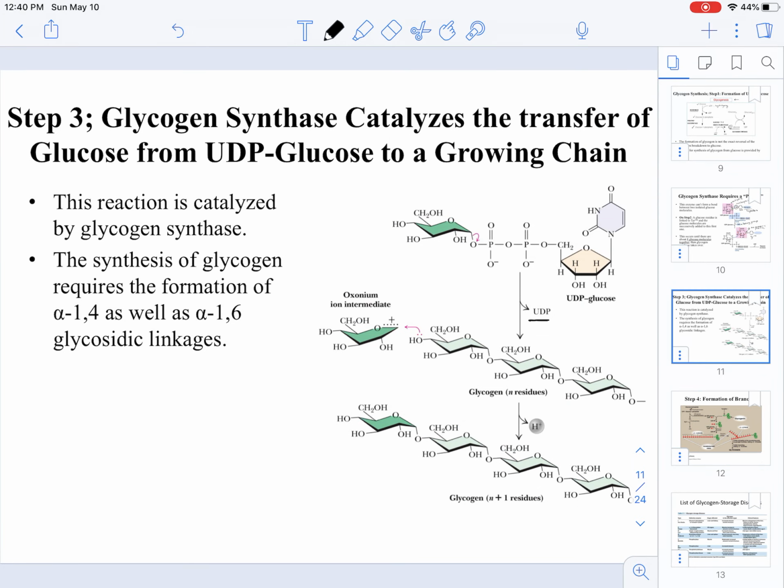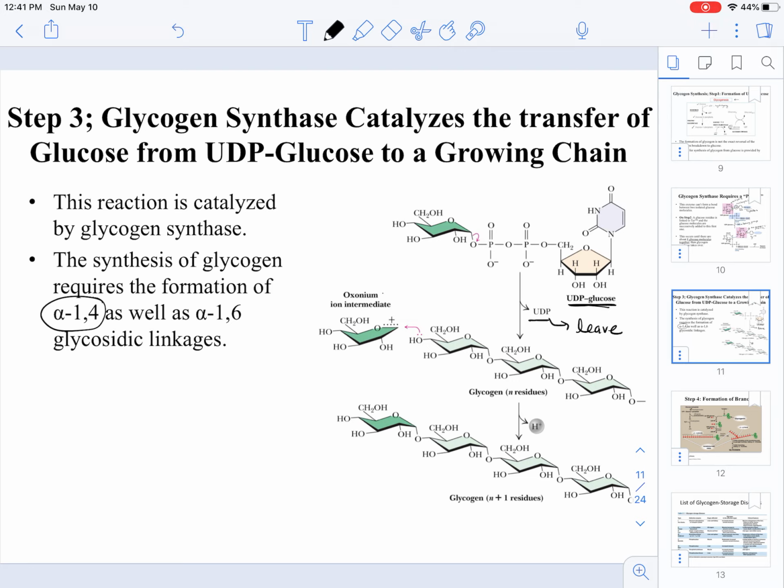So when glycogen synthase is catalyzing the incorporation of glucose specifically in 1,4 glycosidic bonds, understand that in your UDP glucose molecules, the UDP is going to leave because that is a good leaving group.